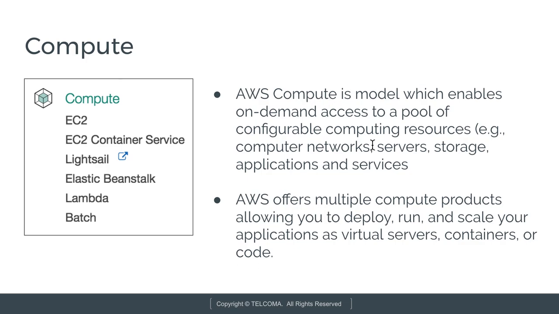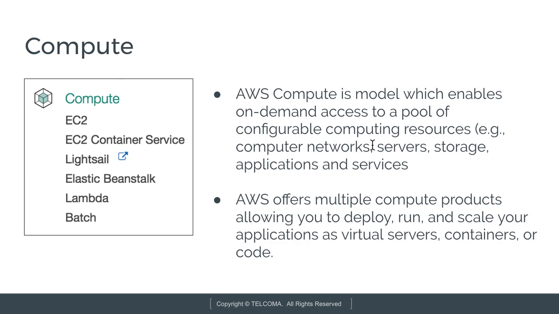We have servers, storage, applications, and also various services. So in order to have this on-demand request and grant of resources, we have Amazon Web Services compute. We can deploy various products, run as well as scale applications on virtual servers. We can run our code on virtual servers, and run our applications on containers or servers.